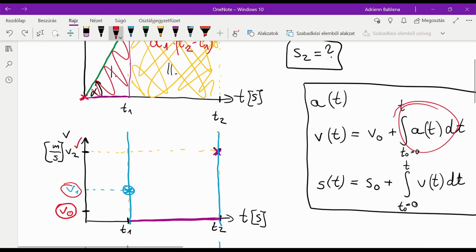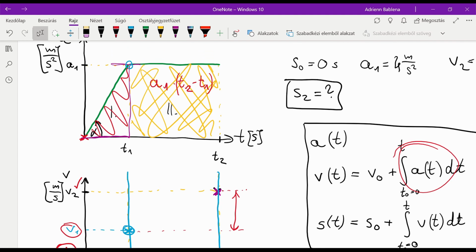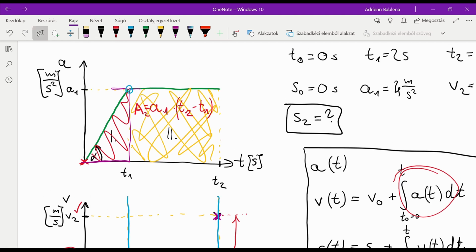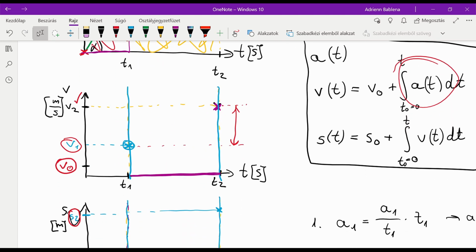This means that the distance between V1 and V2 is this area value. Let's write A2. So the area of the second section in the AT function, A2, is A1 times T2 minus T1. Pretty easy. The area of a rectangle. This is the distance between V2 minus V1.